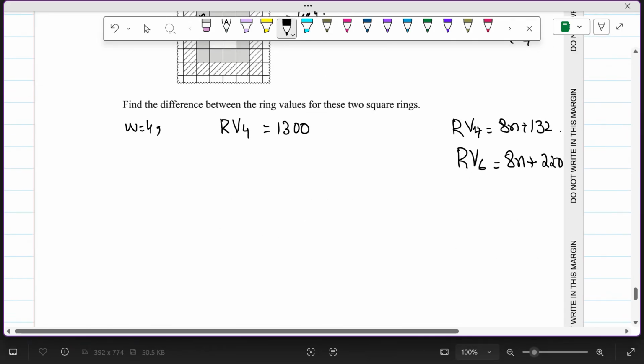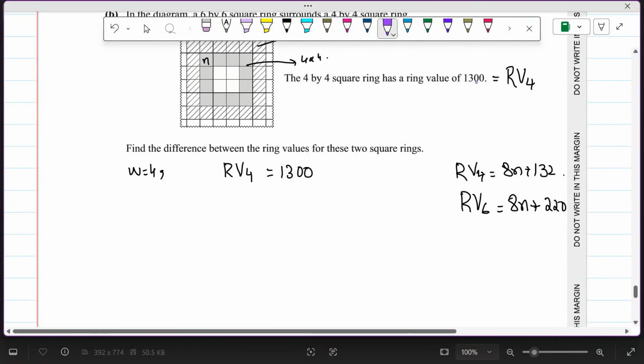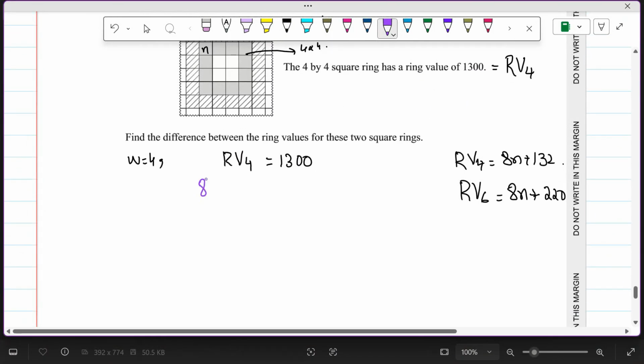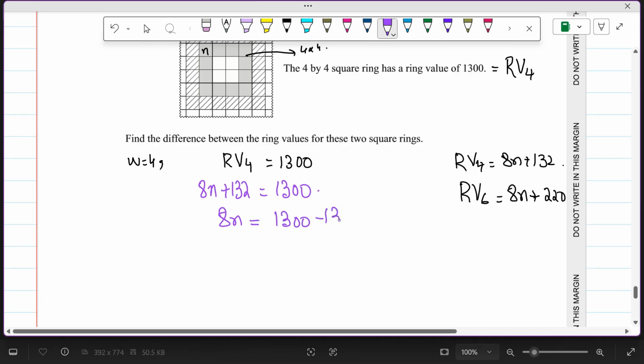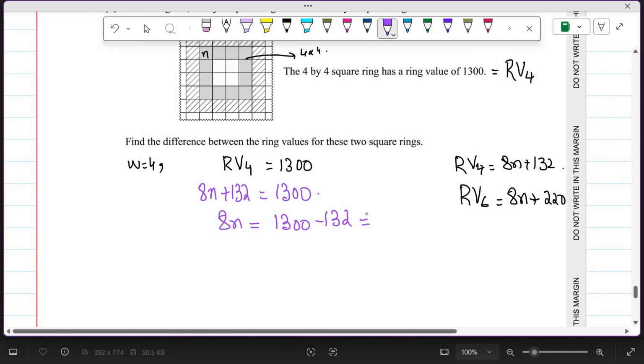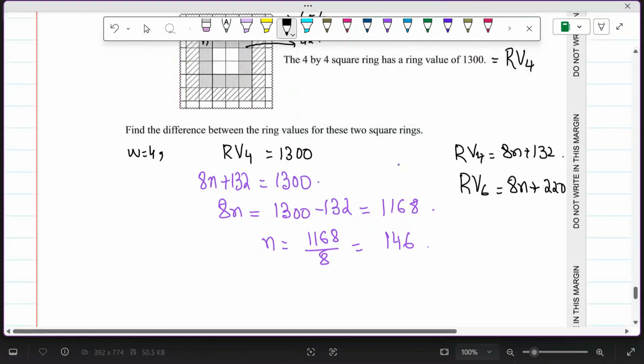This is the ring value for the 4 by 4. We are already given the ring value of 4 by 4, which is 1300. So 8n plus 132 is equal to 1300. So 8n is equal to 1300 minus 132, which is equal to 1168, and in this case n is equal to 1168 over 8. So this is 146. So in this case n is 146.